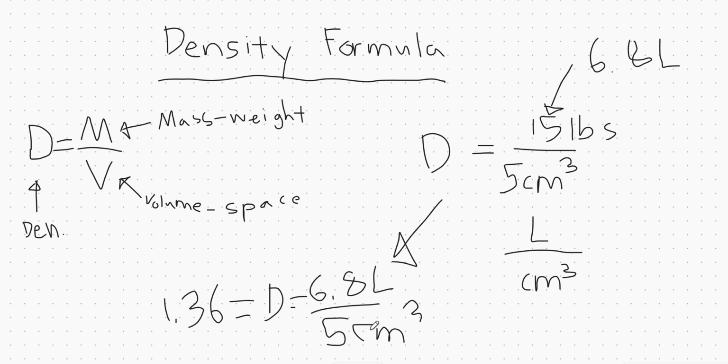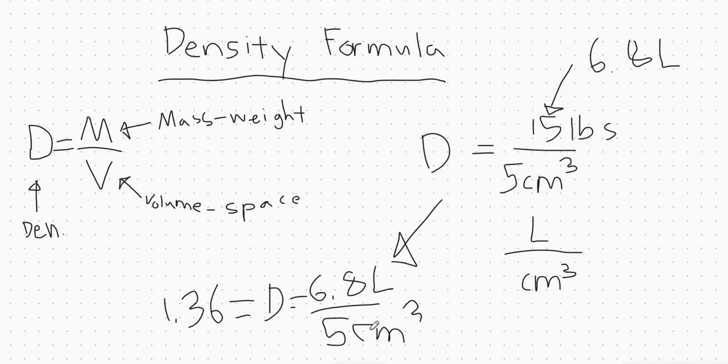Now, a little interesting thing about density is that density tells us how it can be compared to the densities of other objects or liquids. So the density of water is 1. So anything that's more dense than water will sink.